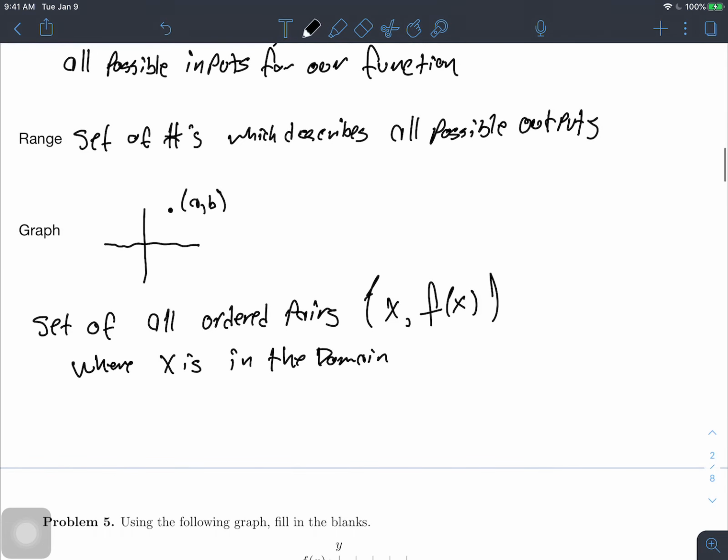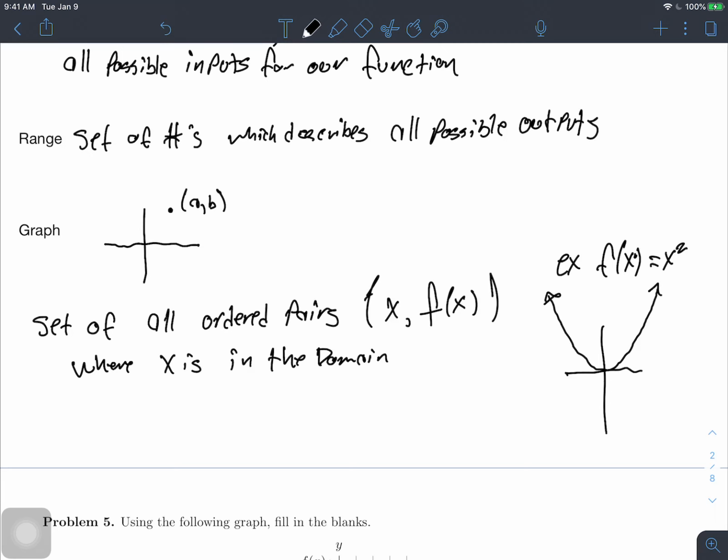So when we have a function like, for example, f of x equals x squared, it looks something like this.